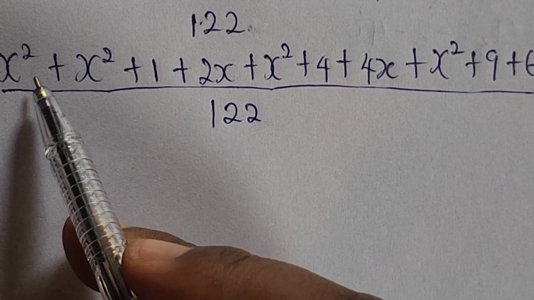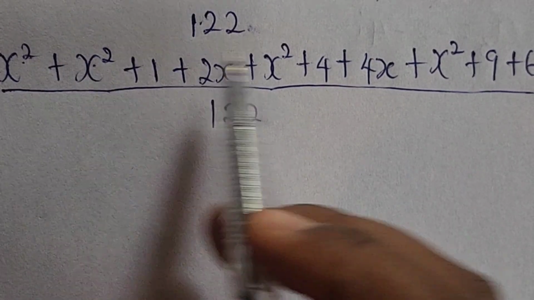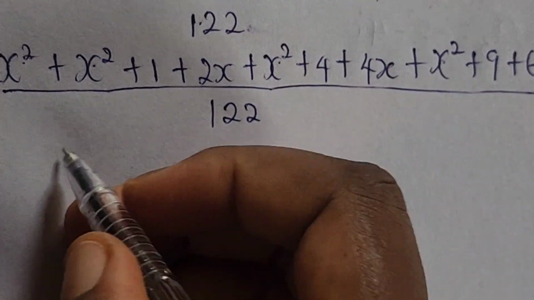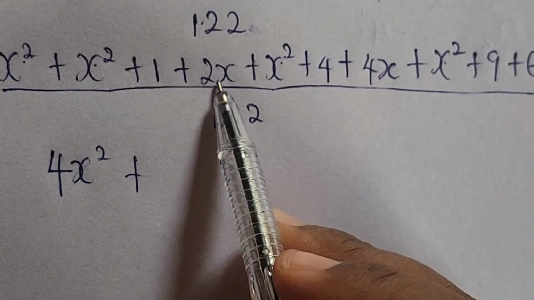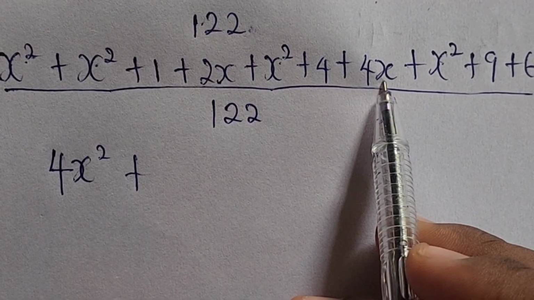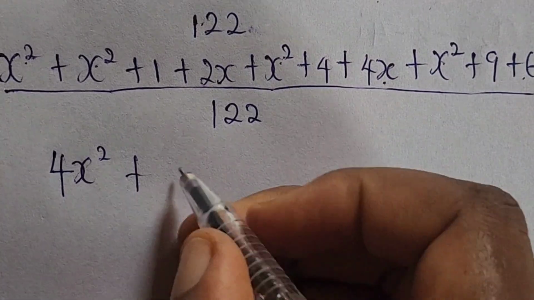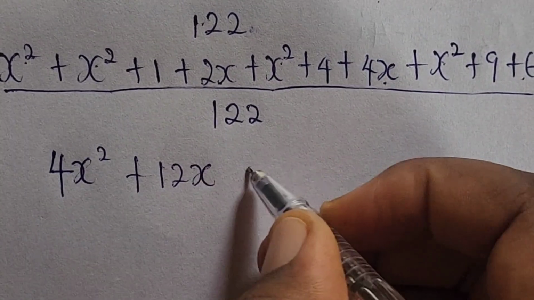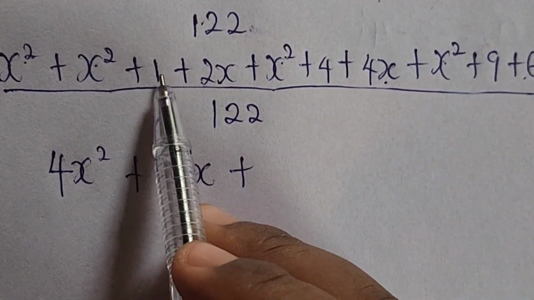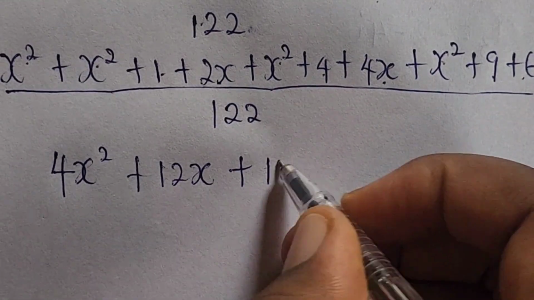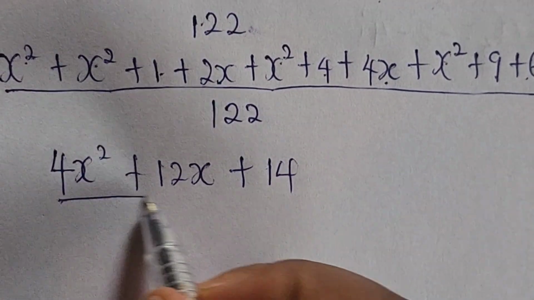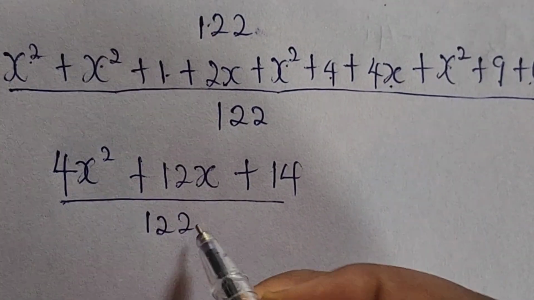So when we add up this, x squared plus x squared plus x squared plus x squared, we have 4x to the power of 2, plus we have 2x plus 4x which is 6, plus 6x which is 12x. We have 1 plus 4 which is 5 plus 9 which is 14, and this is all over 122.